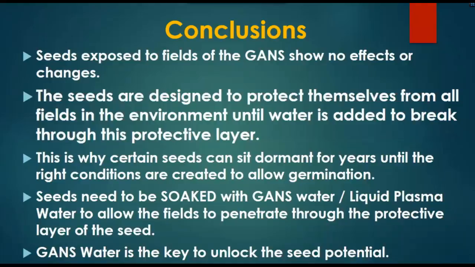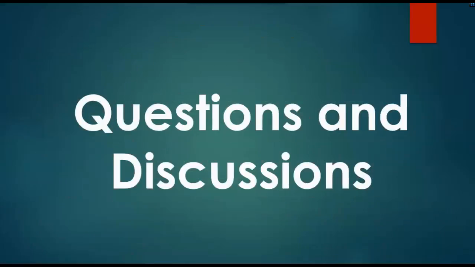But the point from this experiment was that we had shown how the seeds have that protective layer and they protect themselves from the environmental fields. Now, we had exposed these to particular environmental magnetic gravitational fields from the different GANS materials.